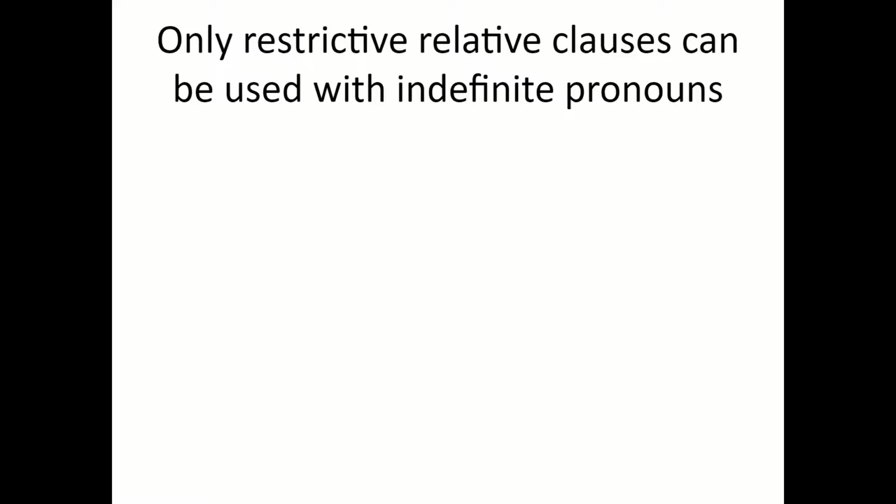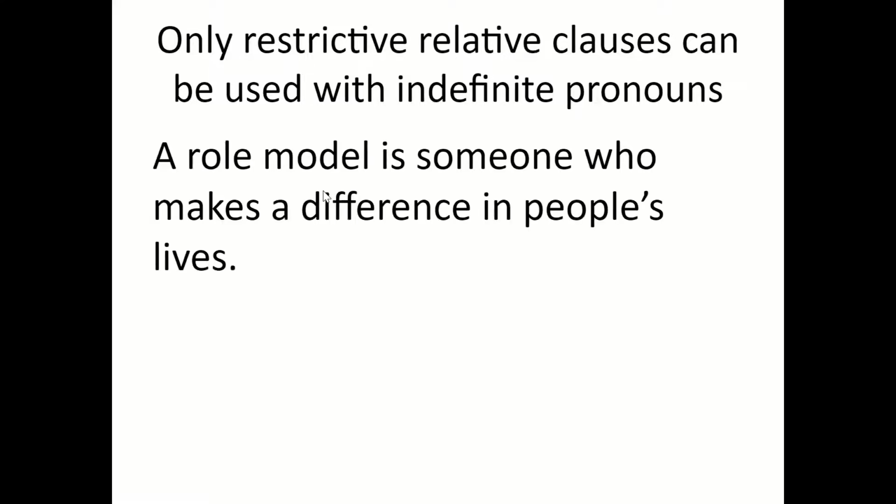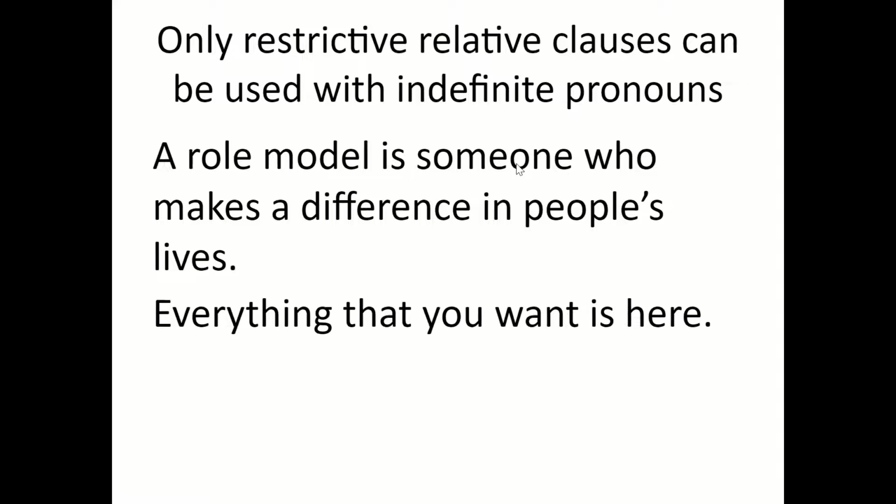Now, only restrictive relative clauses can be used with indefinite pronouns, things like somebody, anybody, everything. So a role model is someone who makes a difference in people's lives. It's a restrictive relative clause because we have someone here. Everything that you want is here.